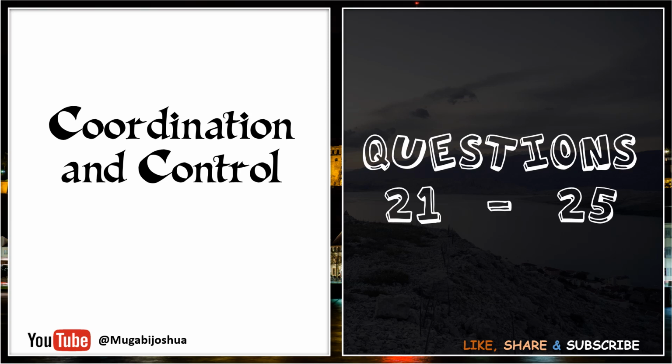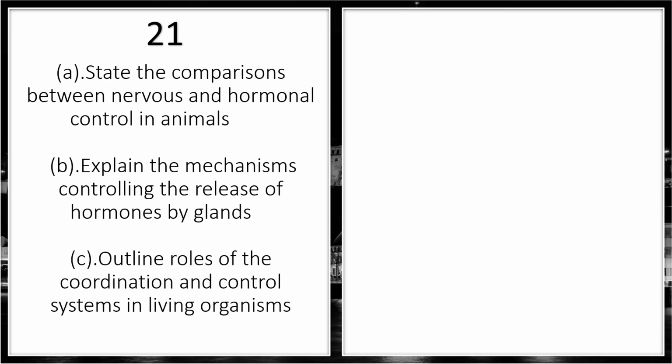Questions 21 to 25. State the comparison between nervous and hormonal control in animals.